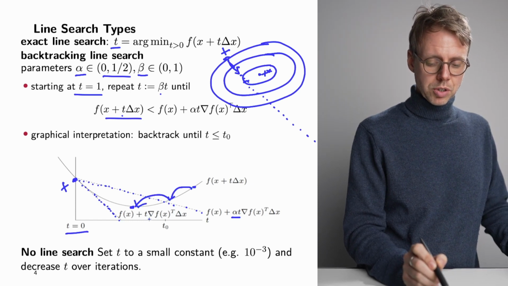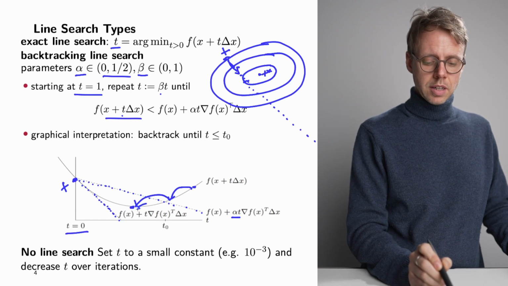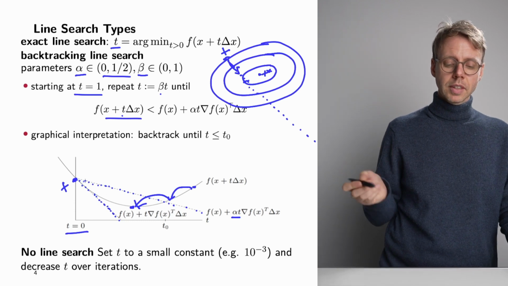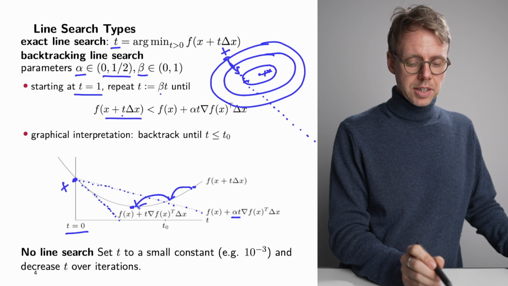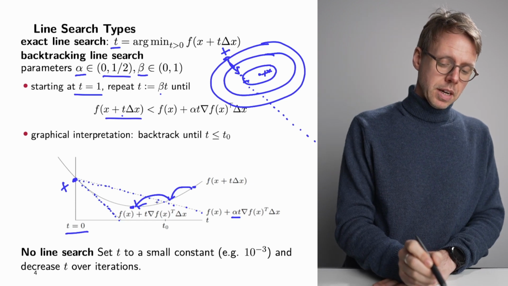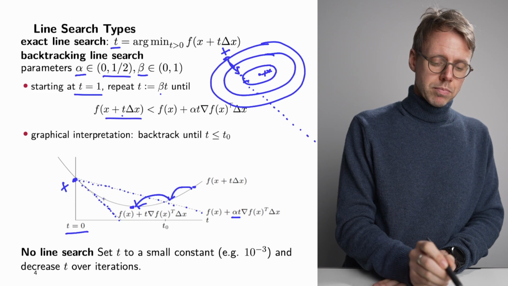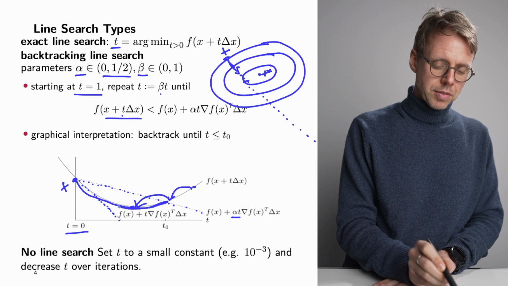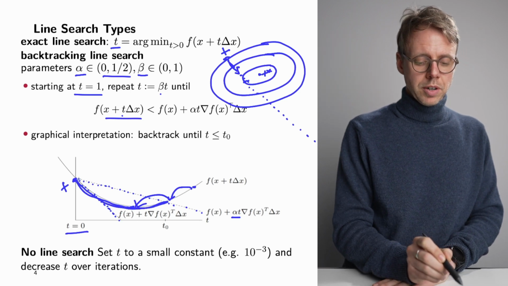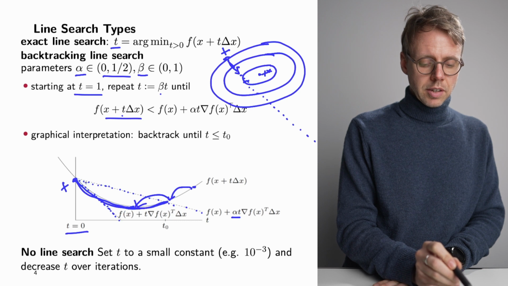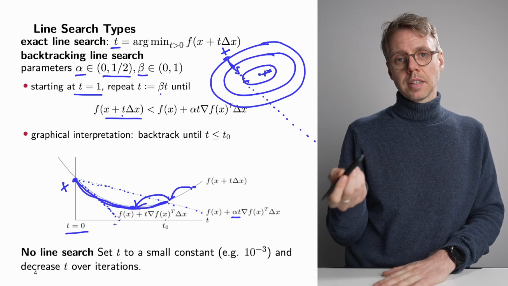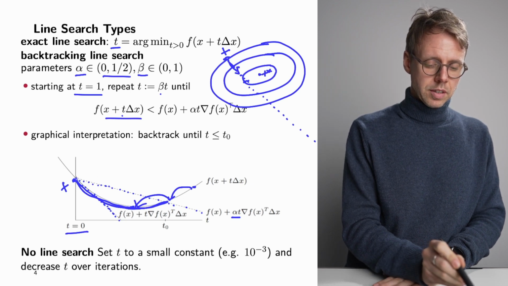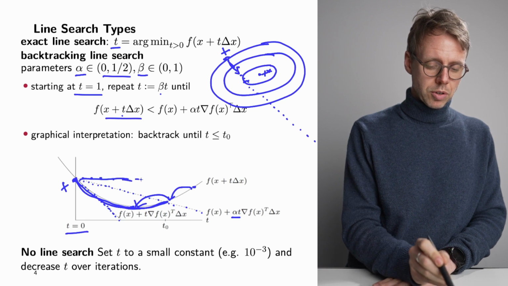Once you're below here, you would stop. So you're not guaranteed to have the optimum of this one-dimensional line search function, but be somewhere in this part of the function where we can guarantee that the function value is smaller than our current function value. So all of this is below our current function value, right?